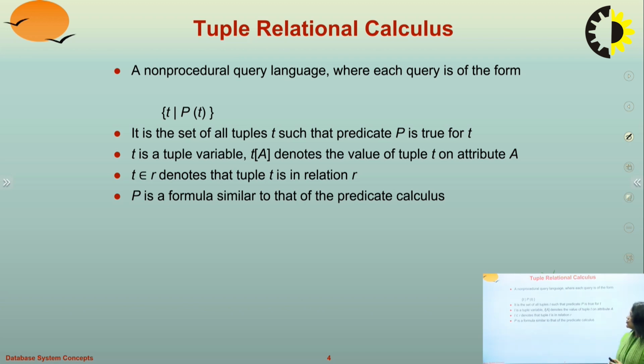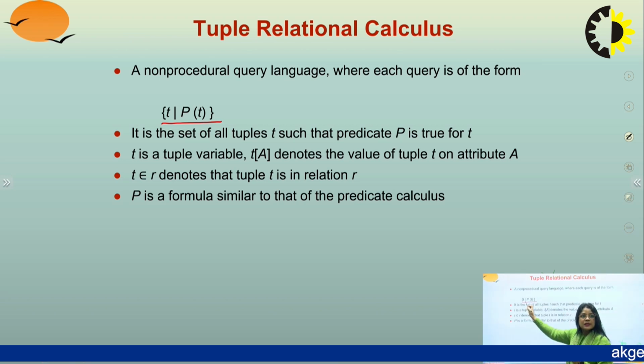We already discussed that it is the non-procedural query language. In this language, we will write the query in this form. Now, what is this T and P(T)? We'll write the query in this form where T is the set of all the tuples such that the predicate P is true for the tuple T. So here we can properly understand this form.